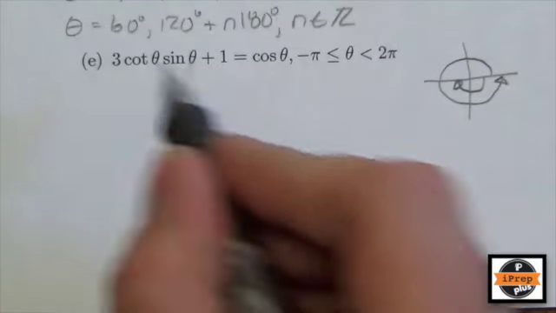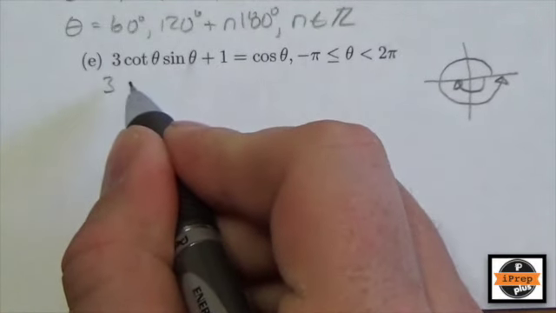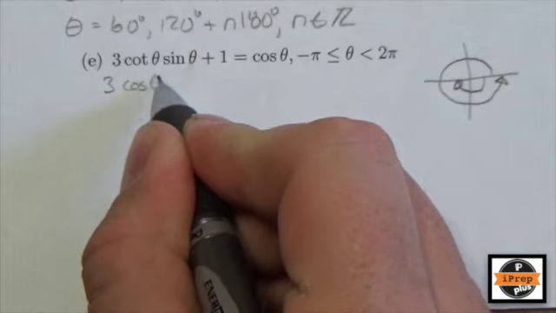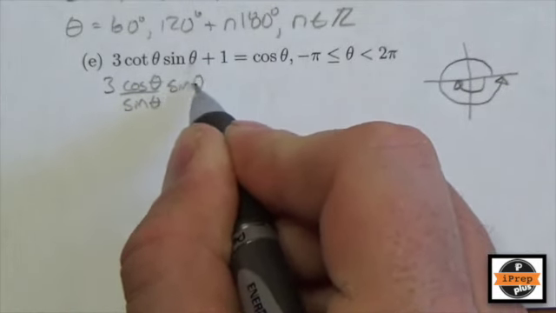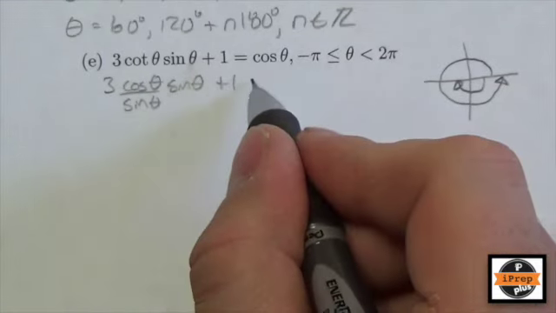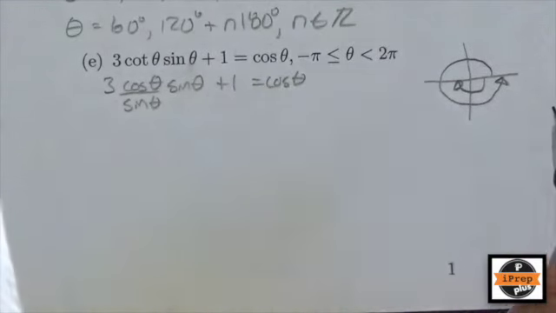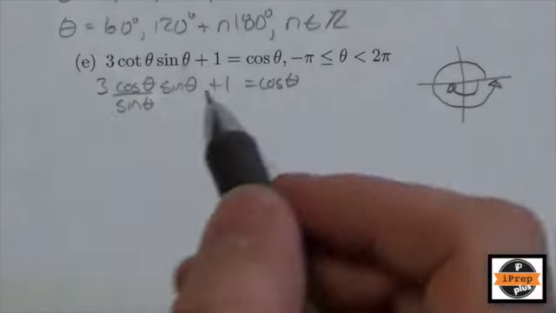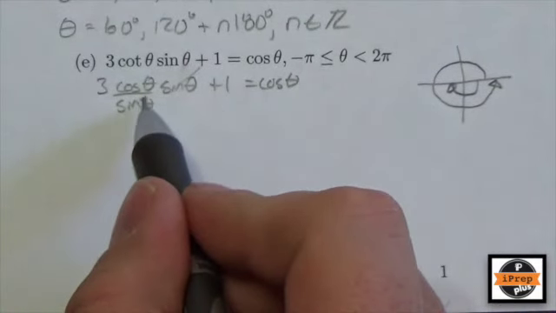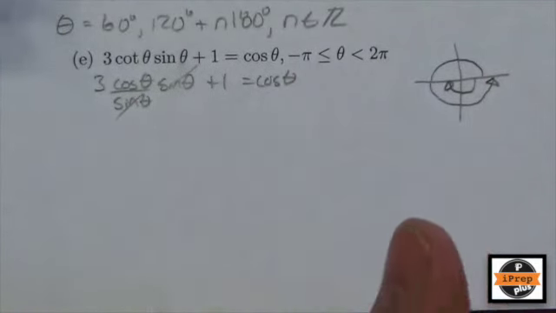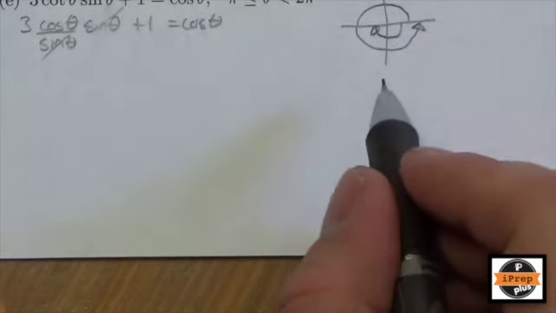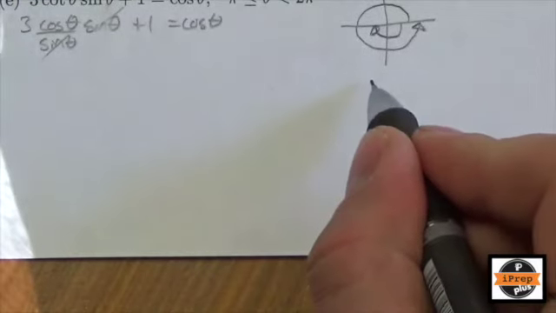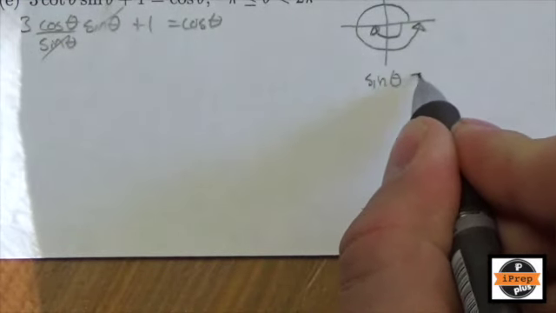However, cotangent of theta can be replaced with the cosine of theta divided by the sine of theta, multiplied by the sine of theta plus 1, is equal to the cosine of theta. Okay? Now, sine of theta will cancel with sine of theta. Now that is true, but we have to make sure that we identify this. I can make that cancellation so long as the sine of theta does not equal 0.